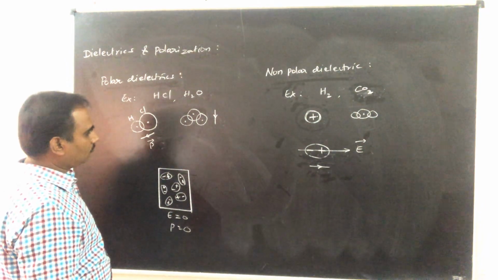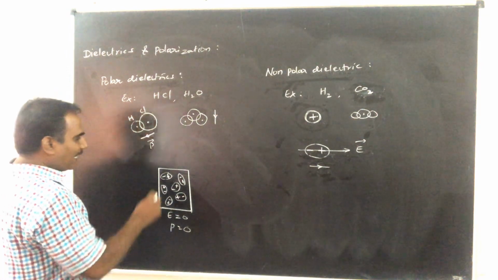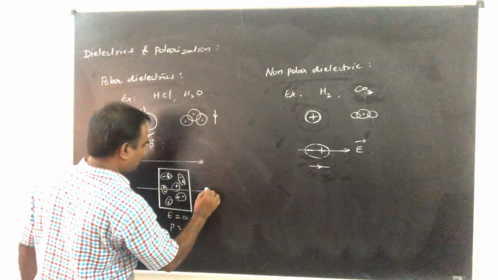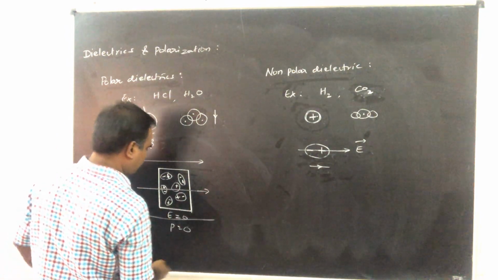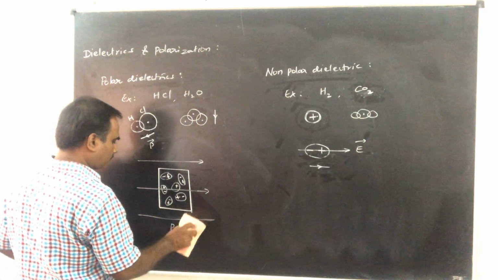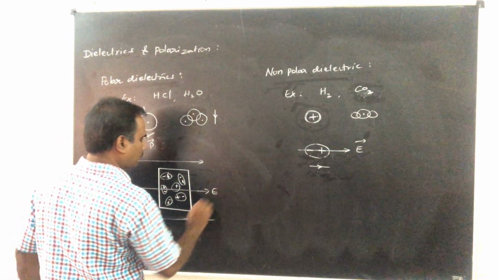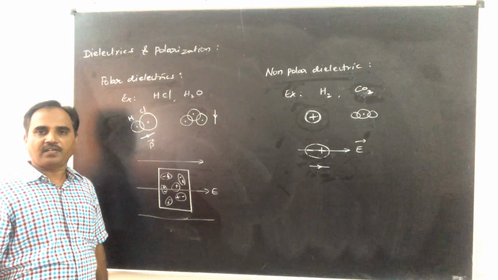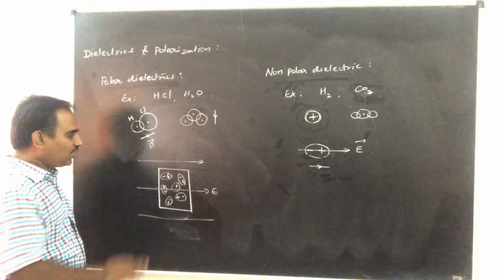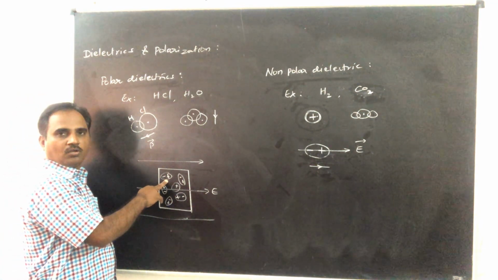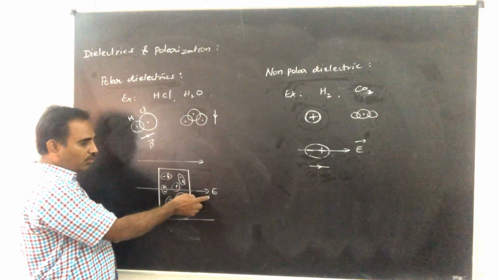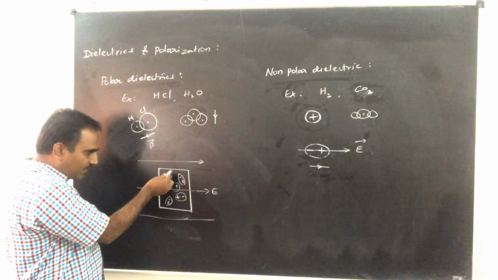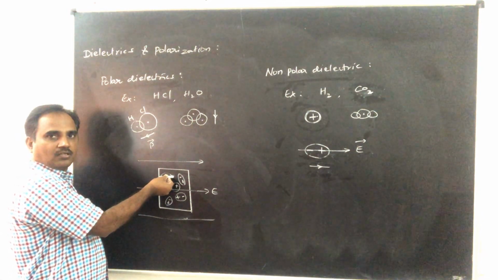Now, when a dielectric medium is kept in external electric field, like this, each dipole experiences a torque due to the external electric field, and it tends to rotate in the direction of electric field.